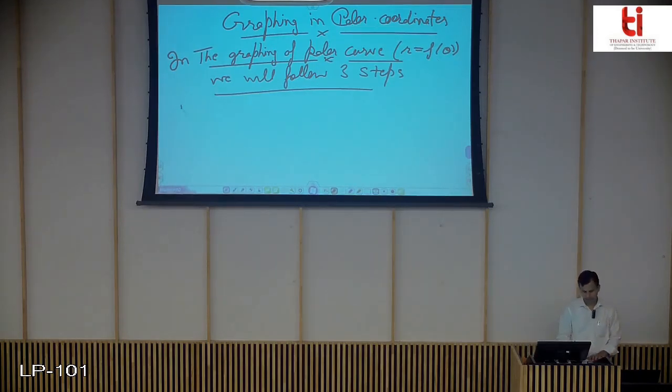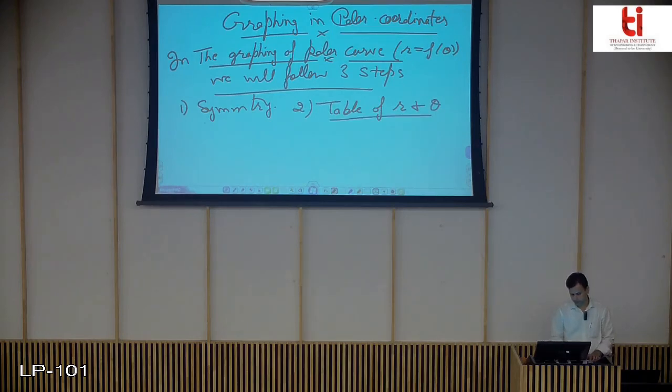First, we look for the symmetry, that is, whether the given curve is symmetric about the x-axis, y-axis or origin. Then we draw the table of r and theta.